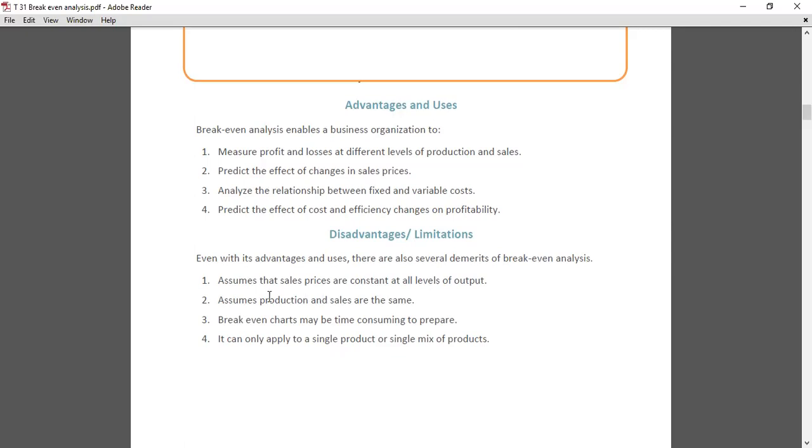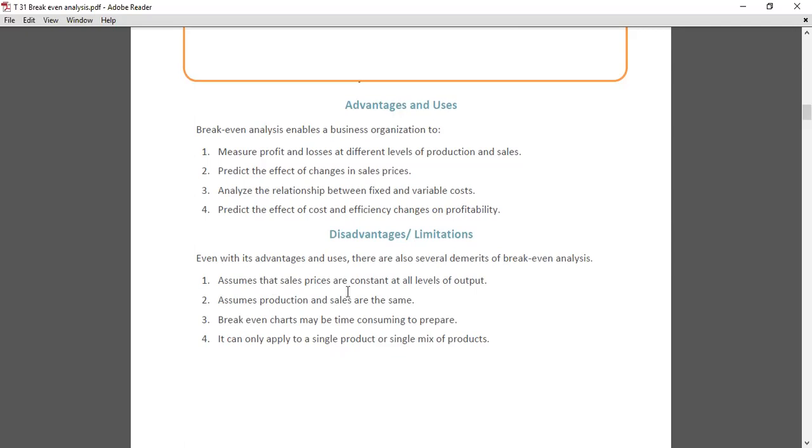Even if you buy 1 item, even if you buy 100 items, the sales price doesn't change. But in normal business practice, if you purchase more items, the selling price can be reduced. They give some discounts on the sales price. That's called purchasing economies of scale. But here we are assuming that it doesn't happen.